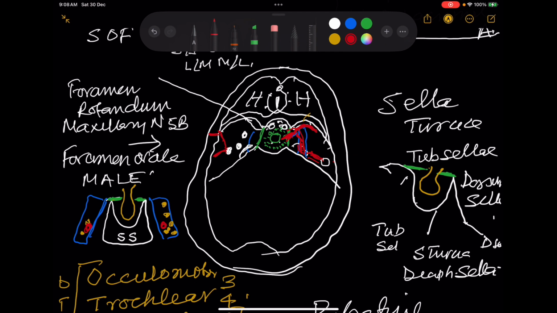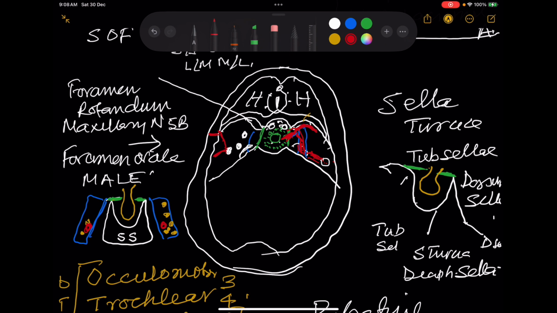So it enters through the internal carotid canal, passes horizontally through the petrous temporal bone, enters through foramen lacerum, lies in the cavernous sinus, making an F type of course, divides into the anterior cerebral and the middle cerebral.